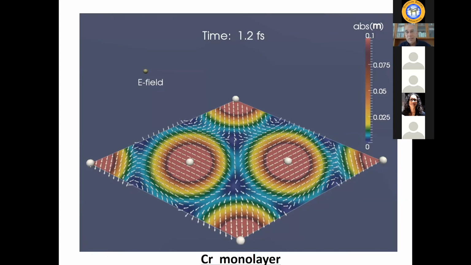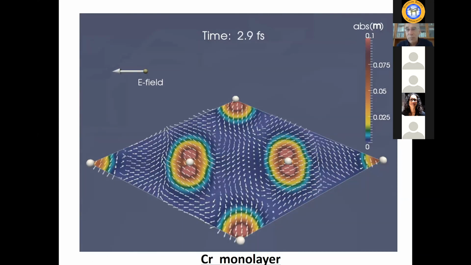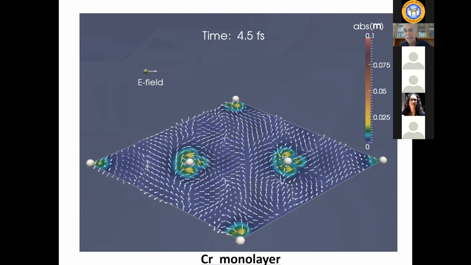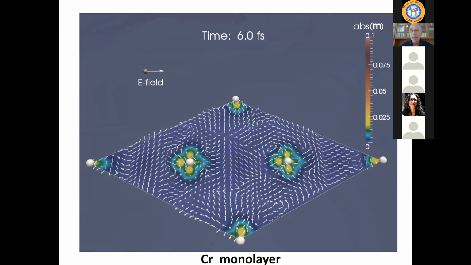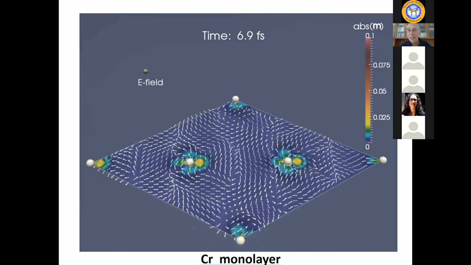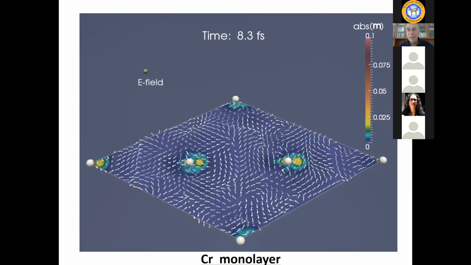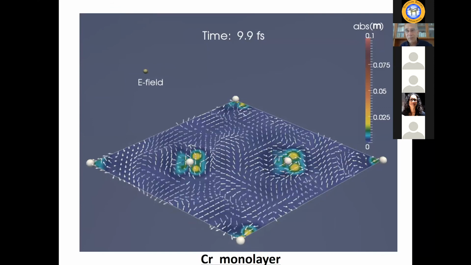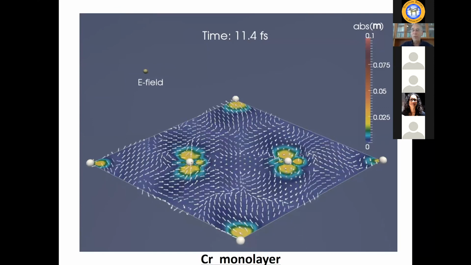So this tells you that this demagnetization is a local process. It happens near the nuclei. And this also means that it really doesn't matter what system you're looking at. If this is a chromium cluster, you will find exactly the same thing. And indeed, there were calculations by the group of Stefano Sanvito in Dublin who found exactly the same effect for magnetic clusters.